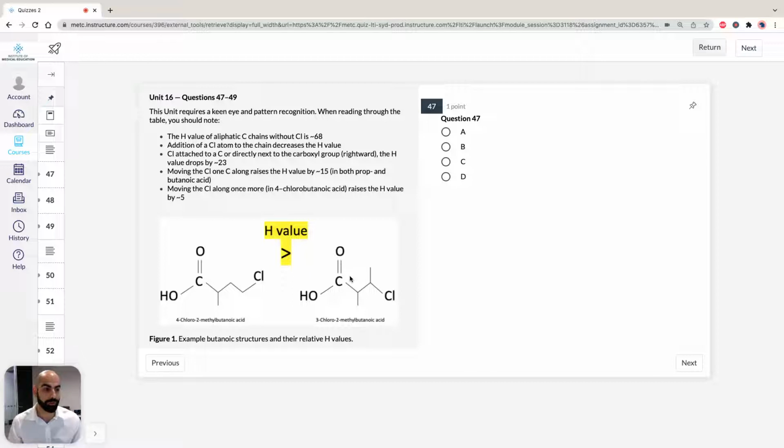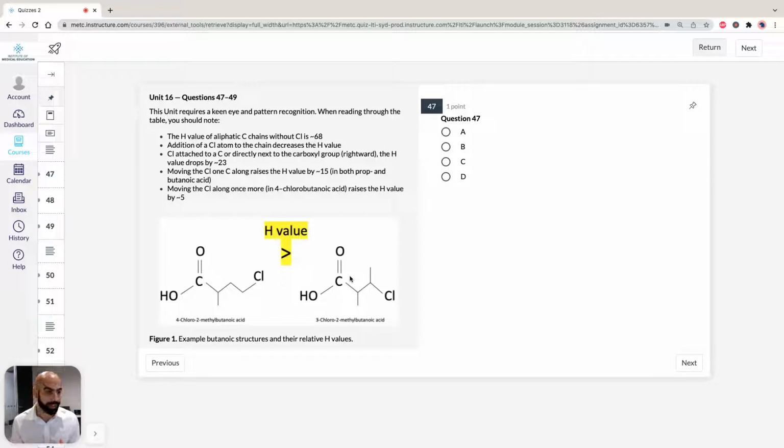Now if we take a look at the first question, 47, remember our key rules to follow. It says, which of the following is the best estimate for the H value for 2-chloropentanoic acid? Two things we have to note. Pentanoic acid alone, without a chloro group, is definitely going to be about 68.